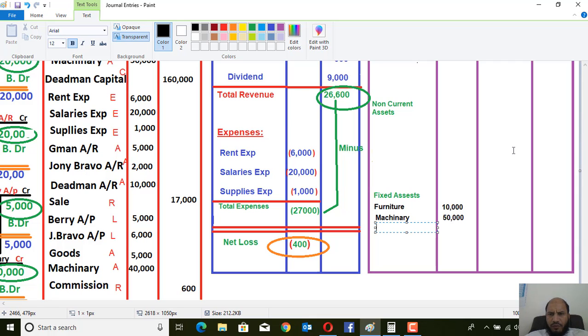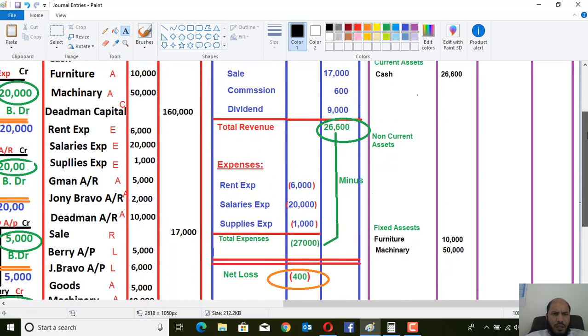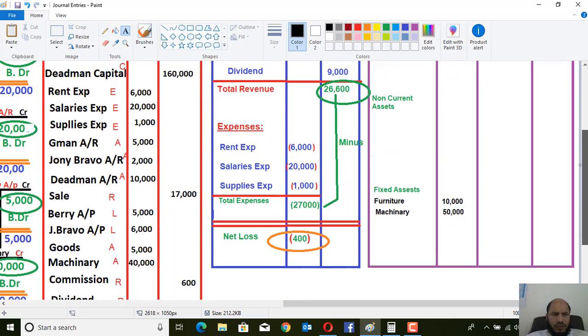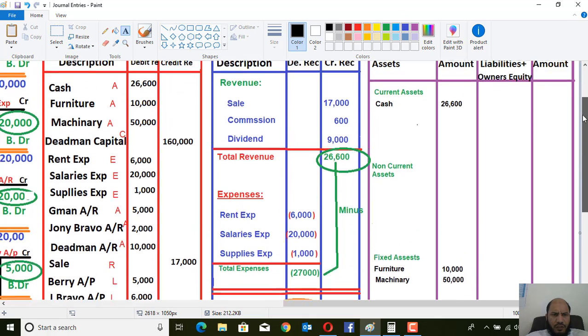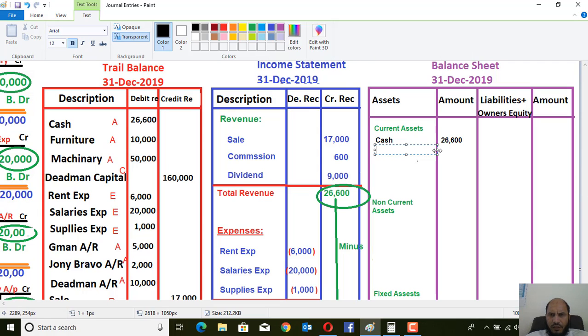And then we have another type of asset which is account receivable. Account receivable we have from three sources. The first one is receivable from G-Man, account receivable, equal to 5,000.